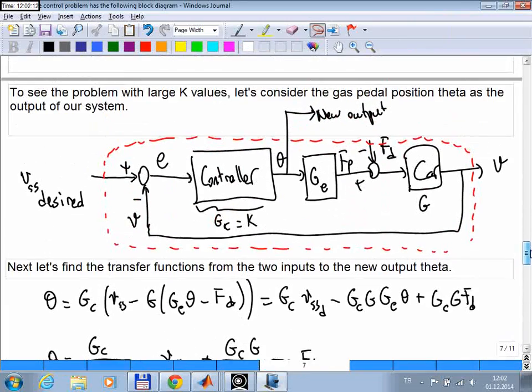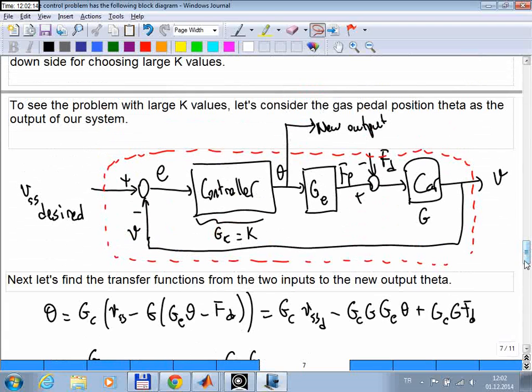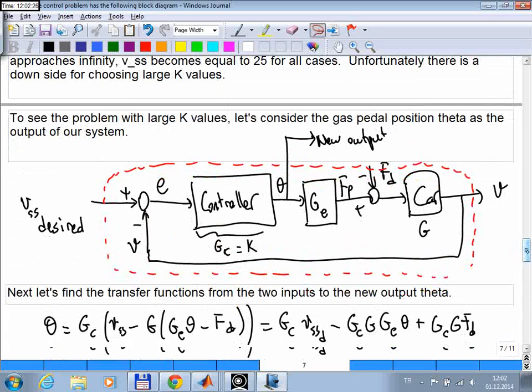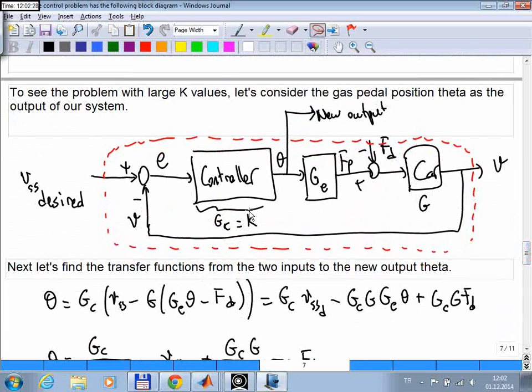By the way, here I was just trying to make you understand the benefits and drawbacks of closed-loop control. I think this example was good in that sense. But in practice, if you want to design a cruise controller for a car, you can do better than this. This is the simplest controller.